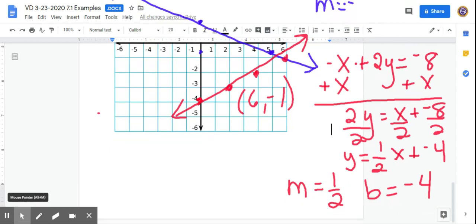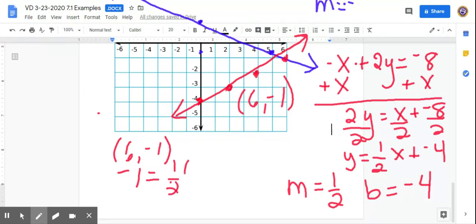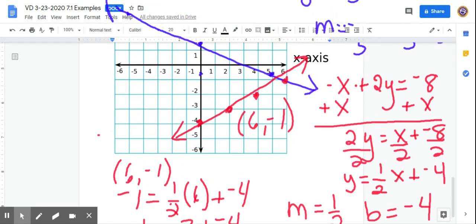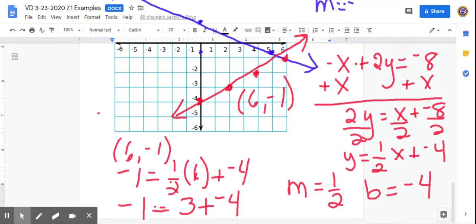Okay, so if we take our point of (6, -1), and we plug it into our equation, y, which is -1, equals 1/2 times x, which is 6, plus -4, you get -1 equals, what's 1/2 of 6? 3, plus -4, and you get -1 equals -1.